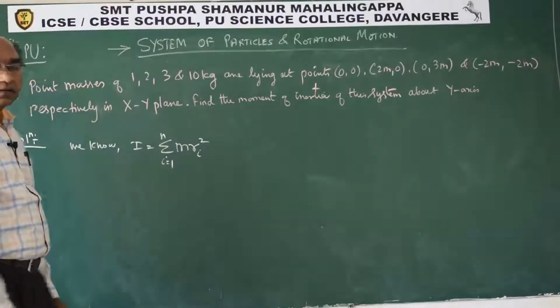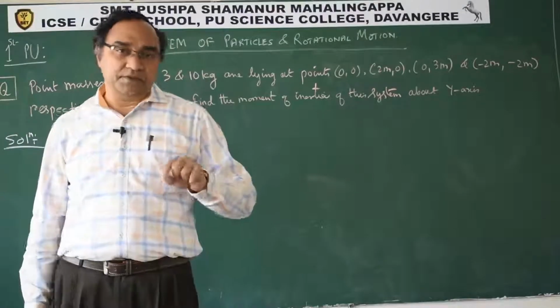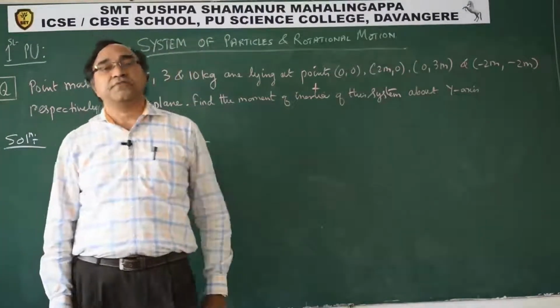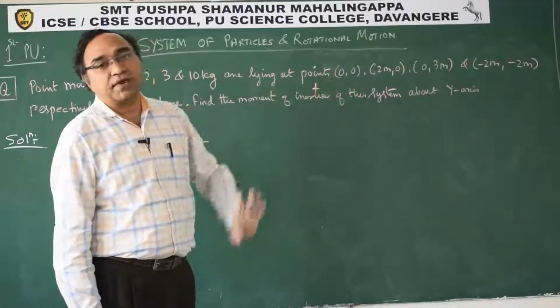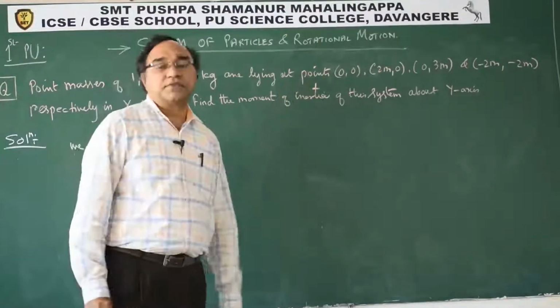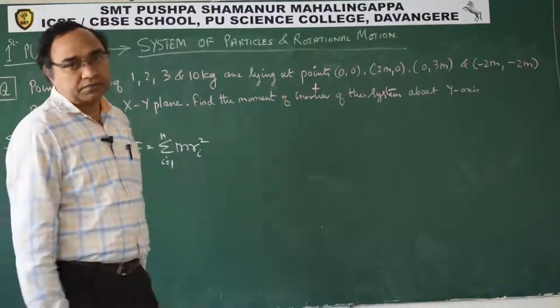What is this r? r is the distance of the mass m from the axis of rotation. Here the axis is given as y. Now please tell me which coordinate will give us the distance of the mass from the y-axis.